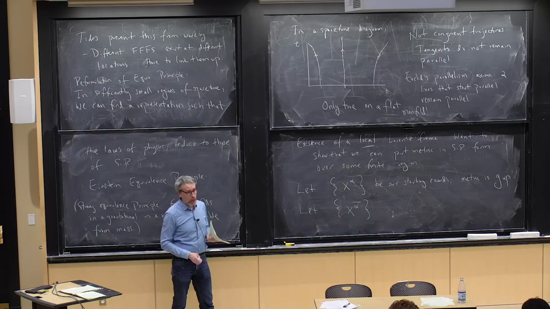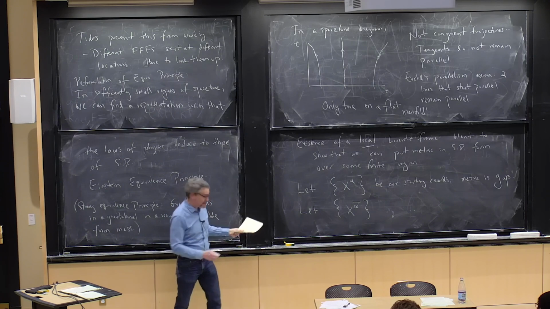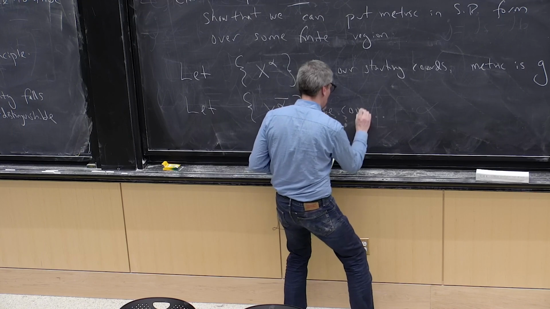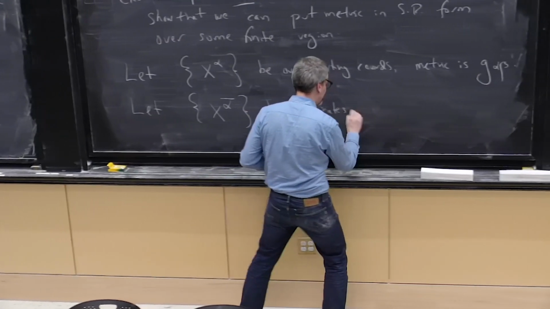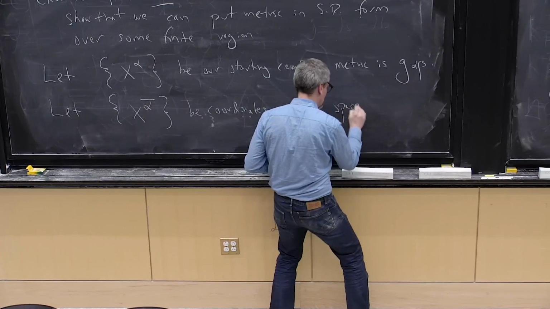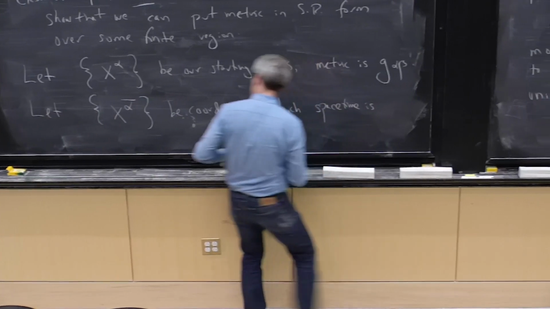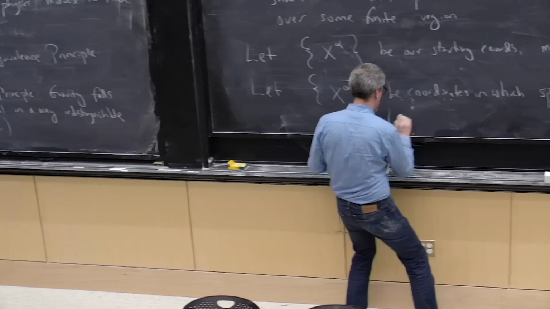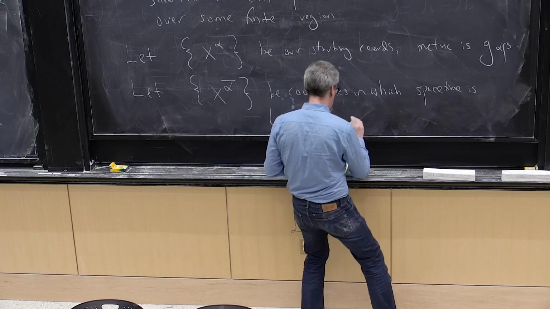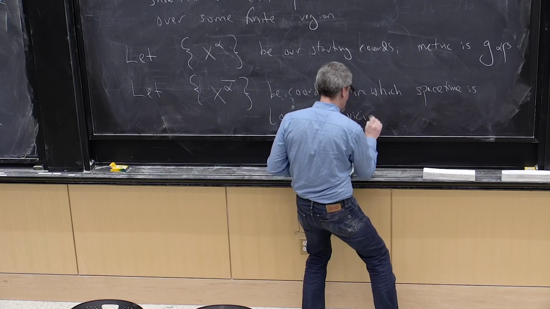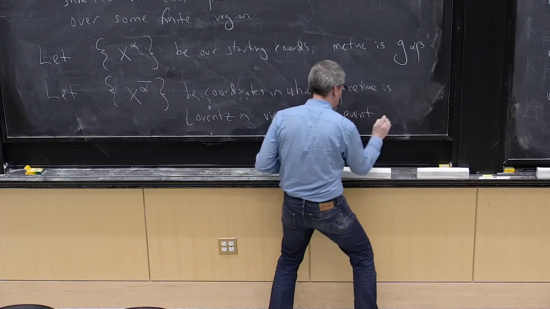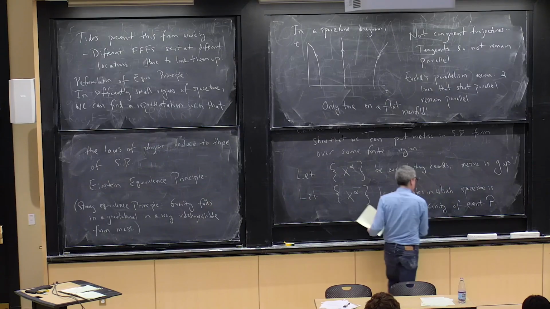When we transform to these coordinates, I want spacetime to be Lorentz, at least in the vicinity of some point or some event. I'll call that event P.